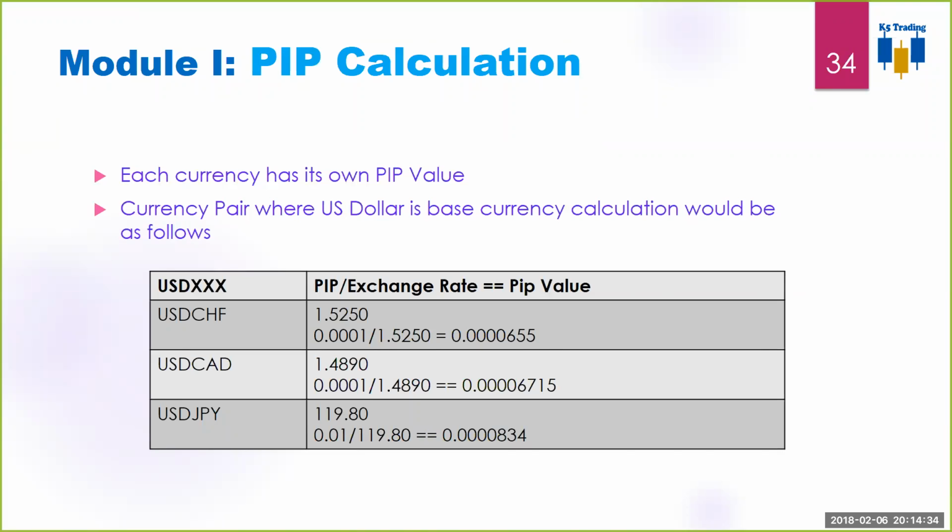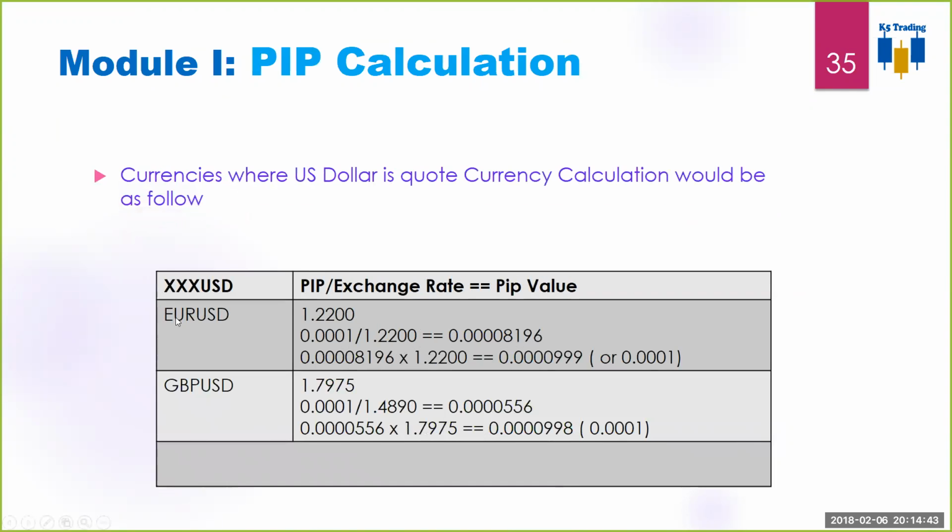The same way you can calculate the pip for USD Canadian dollar and USD JPY. The calculation of the pip is a little bit different when the US dollar is the second or quote currency. For example, 1.2200: 1 pip divided by that becomes 0.8196. If you multiply 0.8196 by 1.222, that becomes 1 single pip. We will come to this again when we move a little bit further.